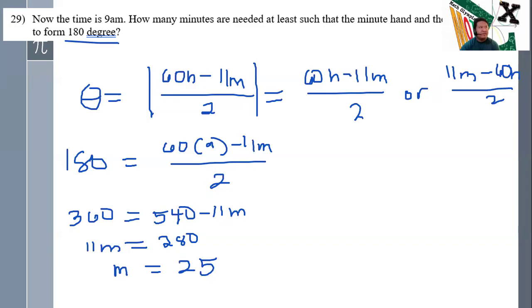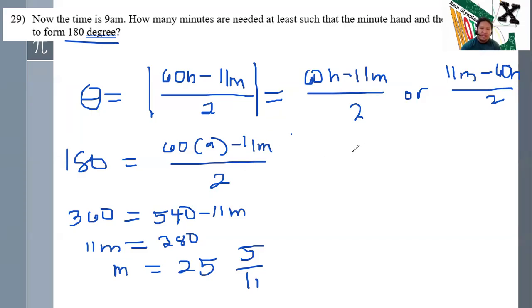That's the first possible minute. As you can see, that's less than 30 minutes, because usually you would think maybe it's around 9:30.